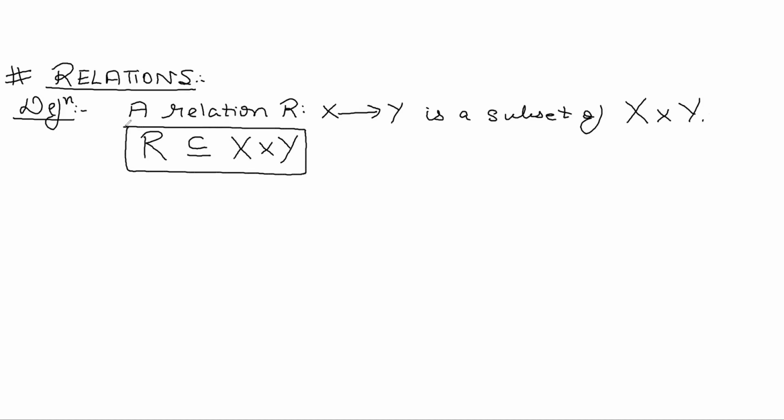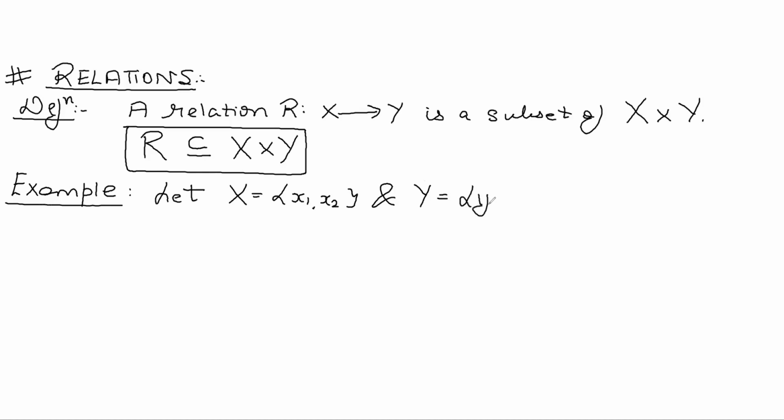You want me to explain using an example? Let's look at this example. Let capital X be equal to x1 comma x2 and capital Y be equal to y1 comma y2 comma y3. Then if I ask you what is x cross y, the Cartesian product, you all will be able to answer: x1 comma y1 and so on.